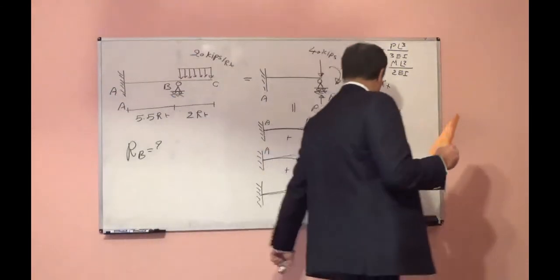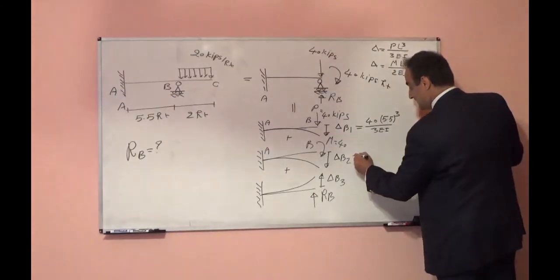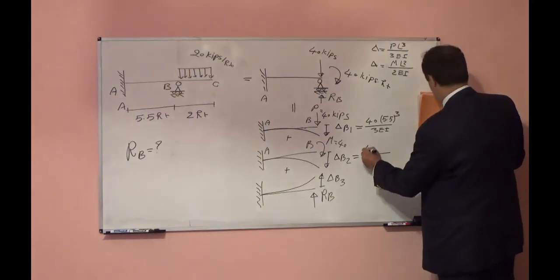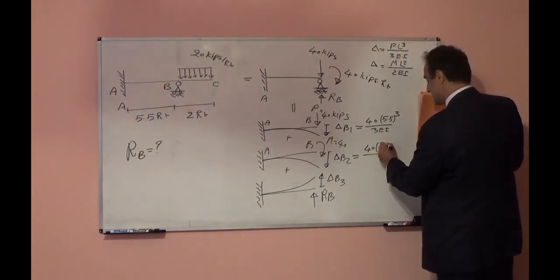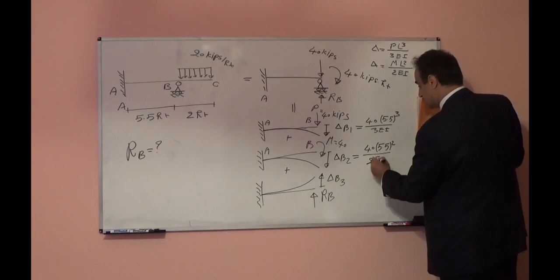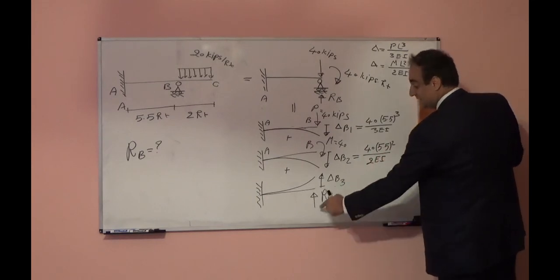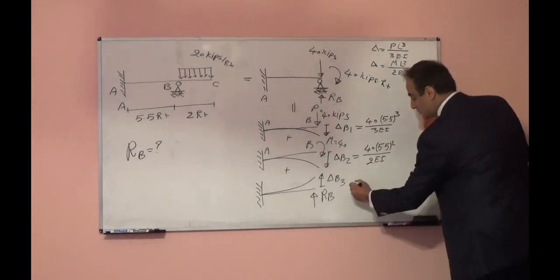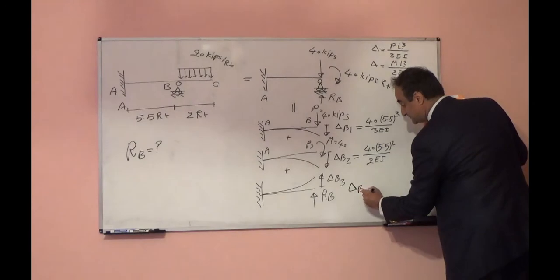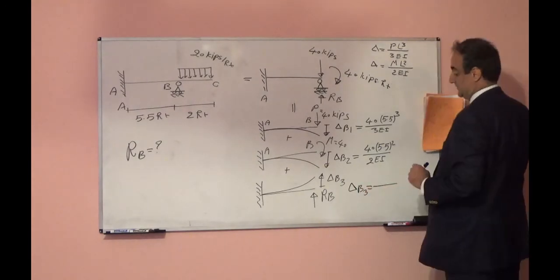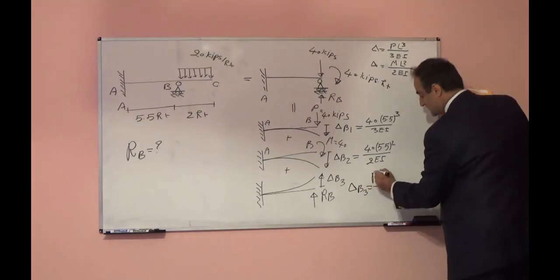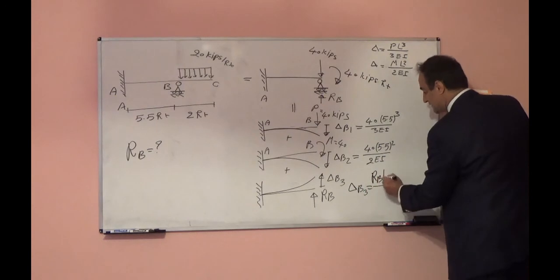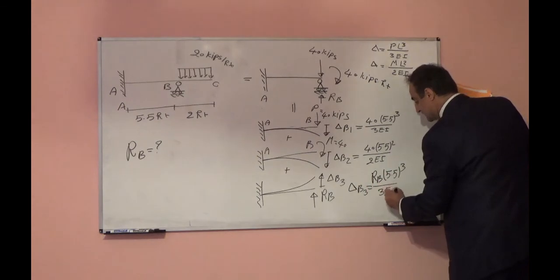You can prove it in 1 second. So delta B2 will be 40 times L squared, L here 5.5 squared, over 2EI. Here R is again a load, so delta B3 will be the load, which is RB, the reaction at B, times L cubed, 5.5 cubed, over 3EI.